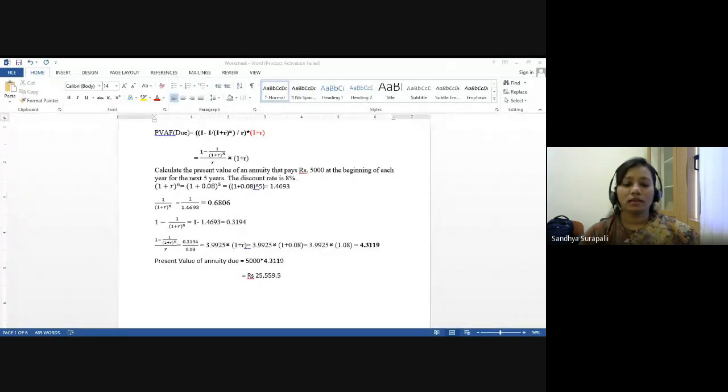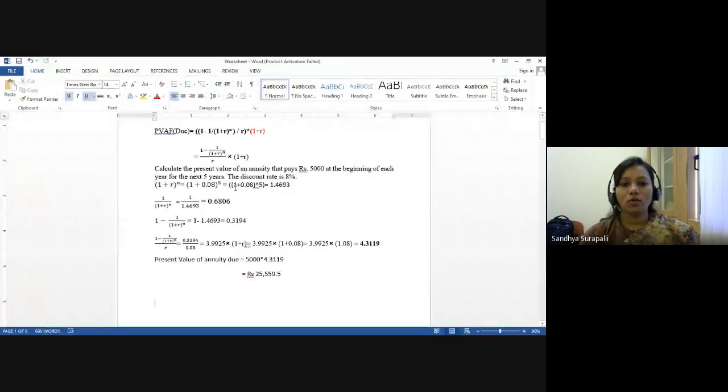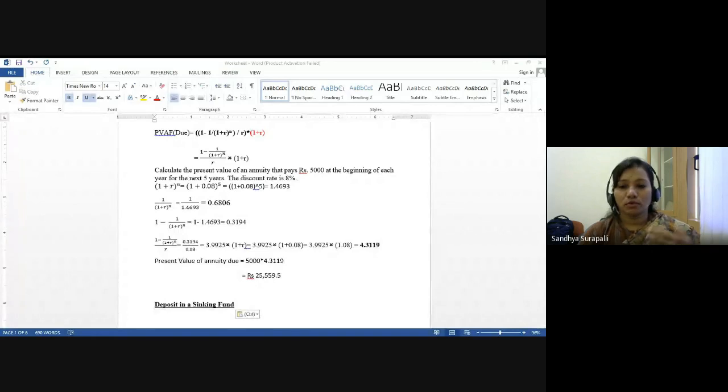Next, we have a concept. We have already done this, how much to save, right? Suppose in future a lady wants to save 1 million, how much does she have to deposit? In the same way, you have a sinking fund concept.